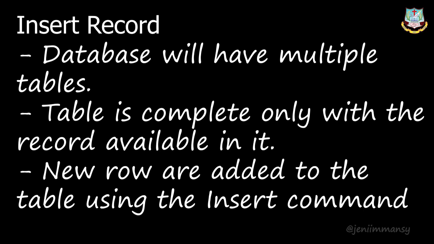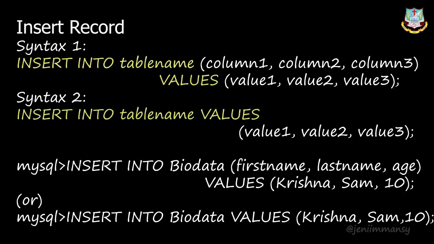For that the syntax is insert into, and you have to give the table name. In the bracket we have to give what columns are there. If you have one column as name, the next column as age, and the next column as profession, then we give insert into table, and in the bracket we give the columns: name, age, and profession. Next we give the values.